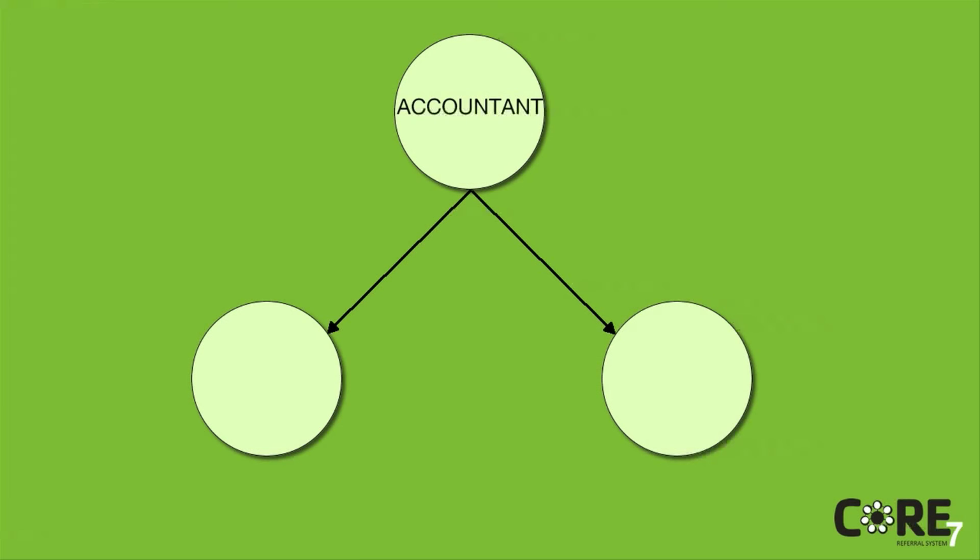So, who are the accountant's primary referral points in the Core 7 standards? Since, like the financial advisor, they have so many opportunities. Yeah, the primary referral targets for the accountant are the financial advisor and the real estate agent. And very similar to the financial advisor, the trick is that the accountant has to stay focused on their primary referral targets because they really do have so many opportunities.